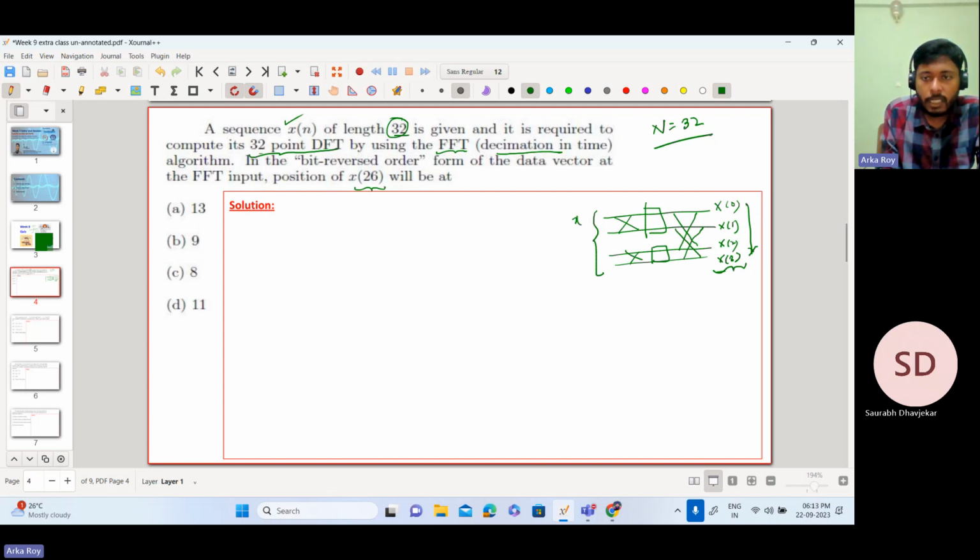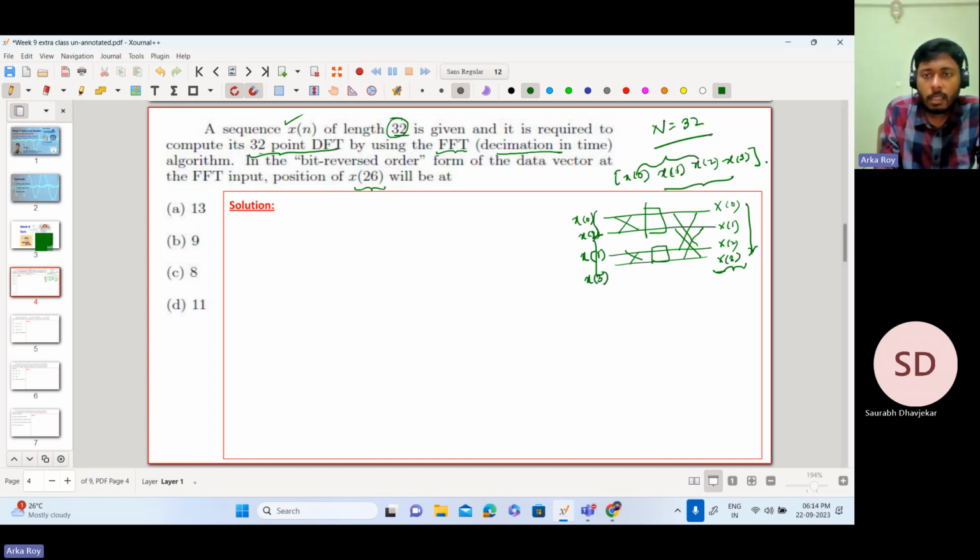For example, over here it was x0, x1, x2, and x3. As this is a very small problem, I just use the property that we take the even components in one section and the odd components in another section, and then arrange them accordingly.